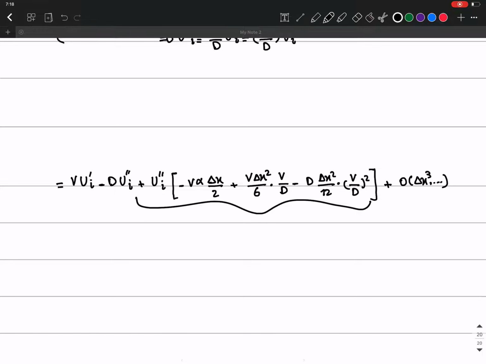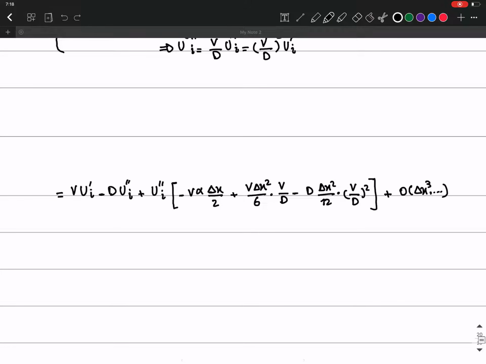If I get rid of all these terms, then my order of approximation is going to be order delta x cube and higher, right? So I'm going to write the u double prime coefficient and divide that by 1 over d.